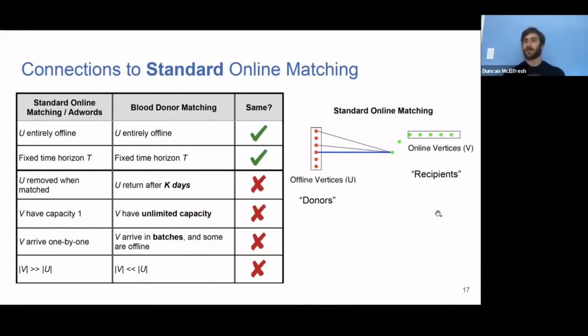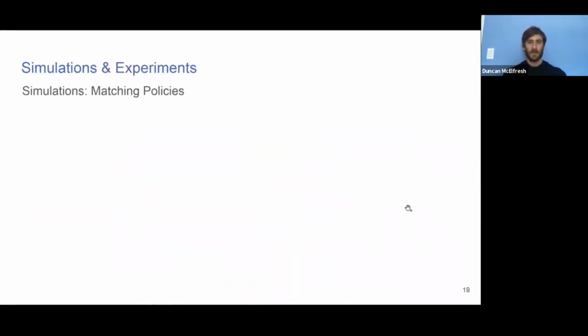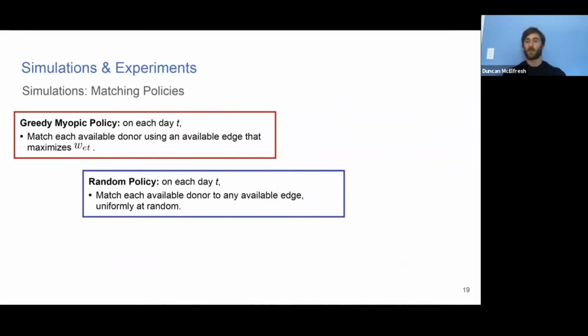Okay, so I've laid out some differences in the matching problem. Now I want to show you some brief initial results that we have. I'll show you 3 different policies we've simulated. We can implement the greedy myopic policy and the greedy random policy pretty easily.